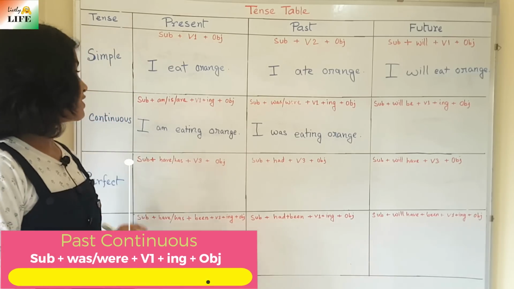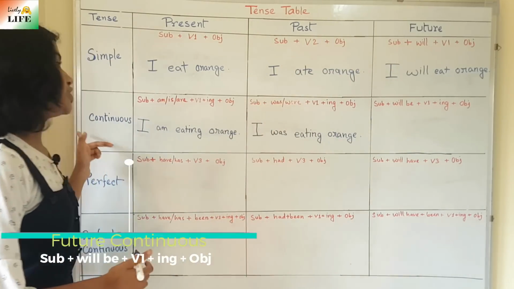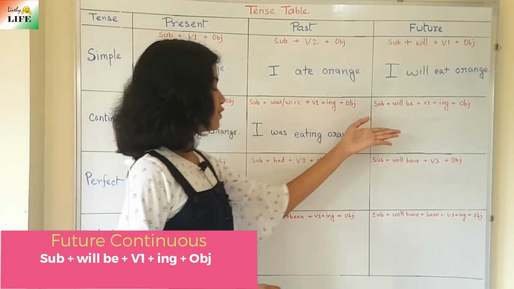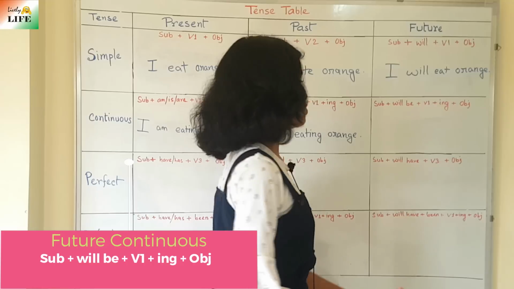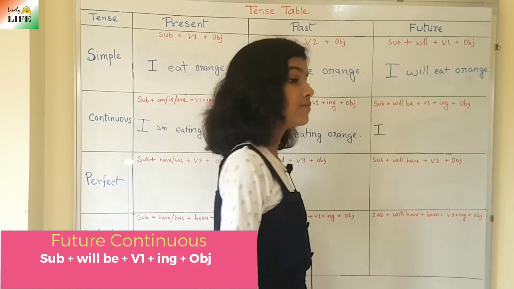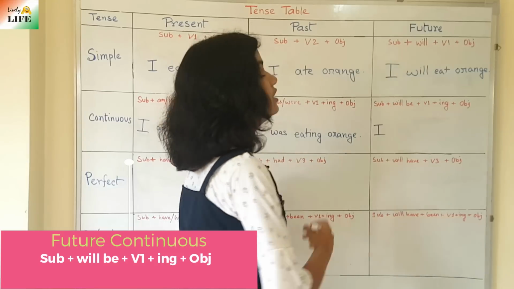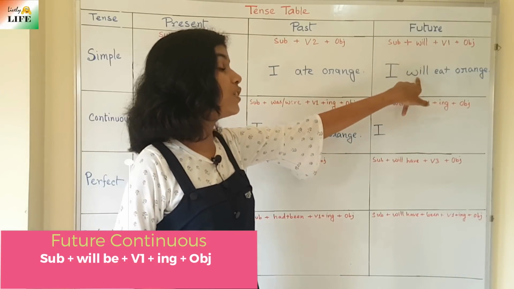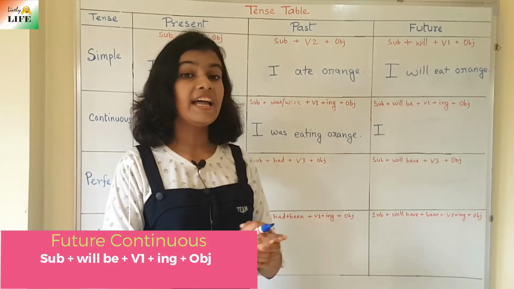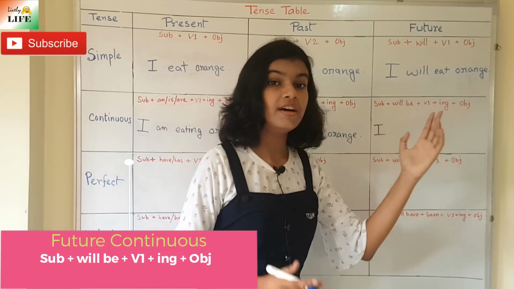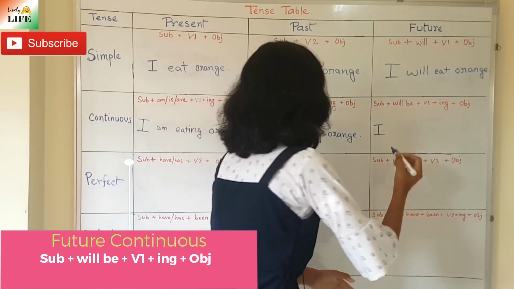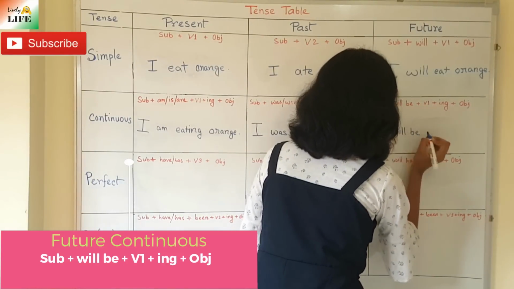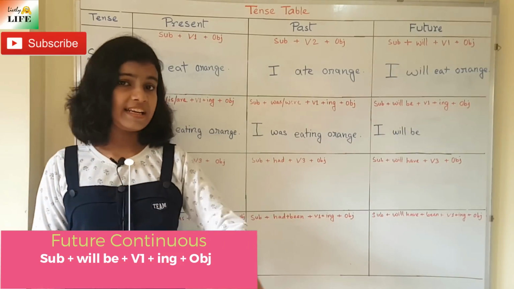Okay, now the next one is future continuous tense. So future continuous tense. At first subject I, then we use will be. Over here we used only will. Here we are going to add another word, that is be. I will be. And this is for any subject.